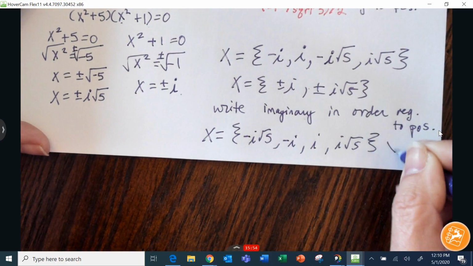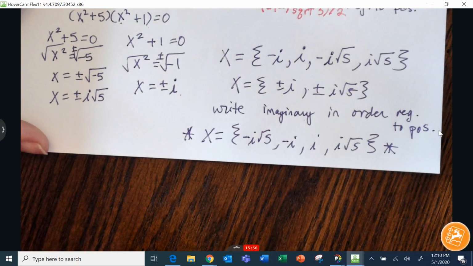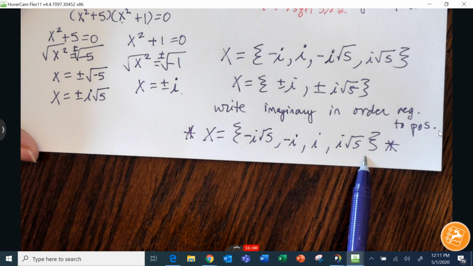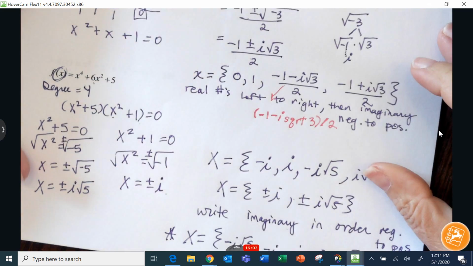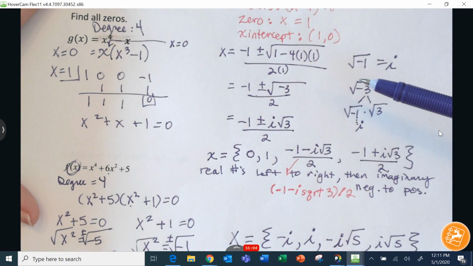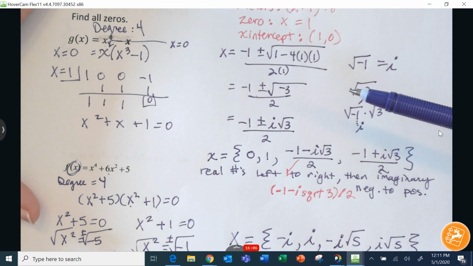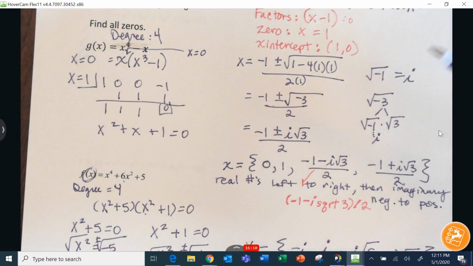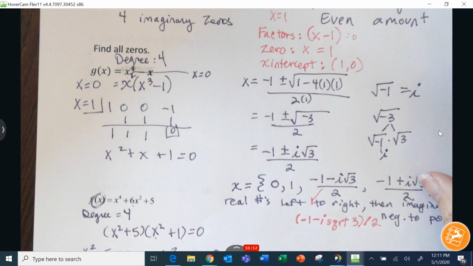This is how you would type it in to Canvas for your answers. And I'm going to have you type these into Canvas for this assignment. So this assignment is basically what you did on your last assignment, only you're writing your answer as zeros instead of writing your answer as factors, and you will have imaginary solutions for this one.